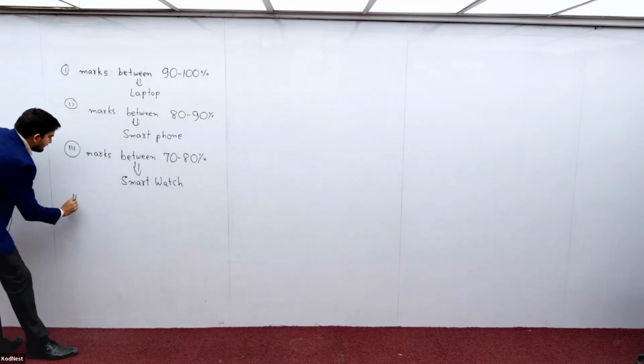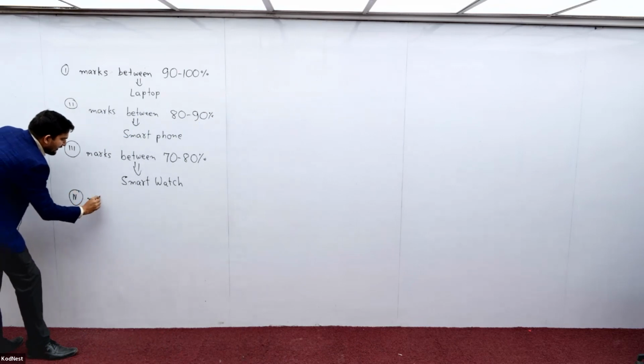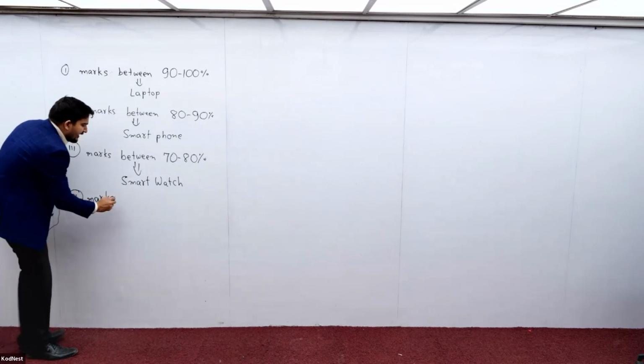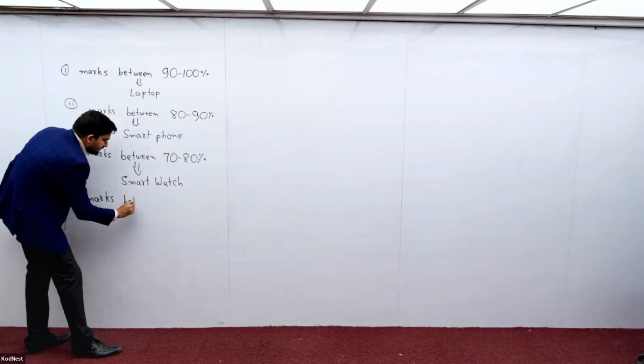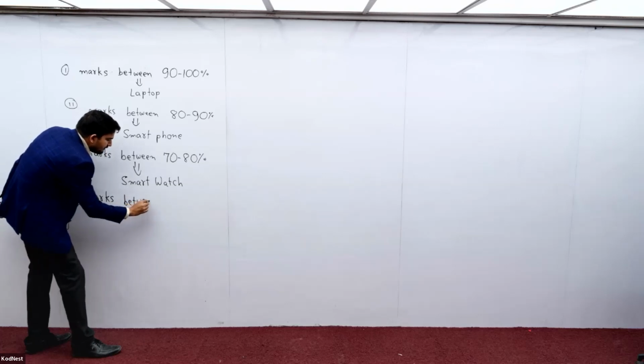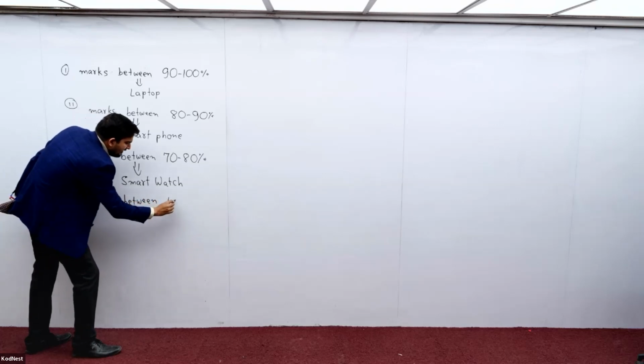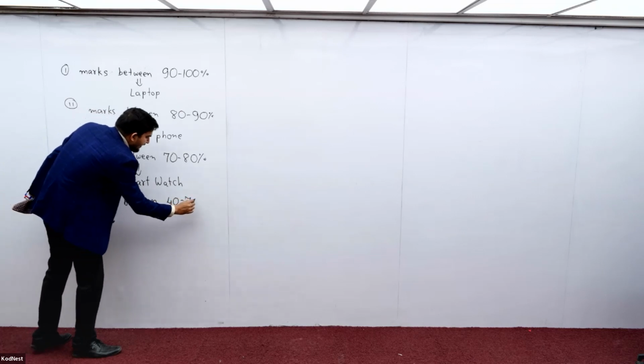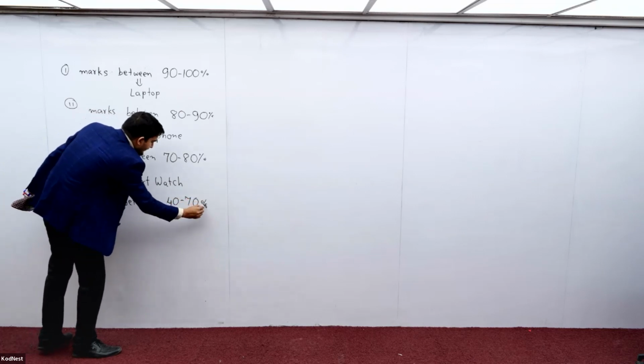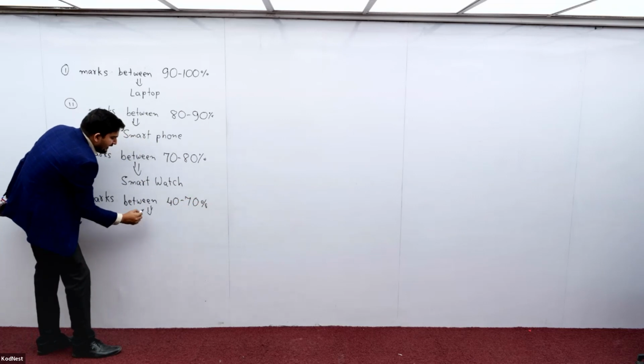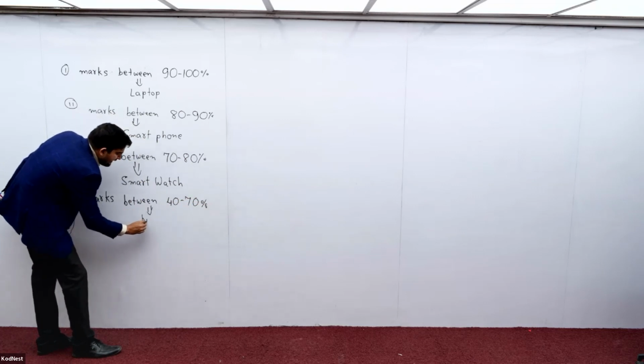Maybe you have to secure what? You have to secure the marks between maybe 40 to 70%. If this is the case, what is going to happen? You are going to get a bicycle.